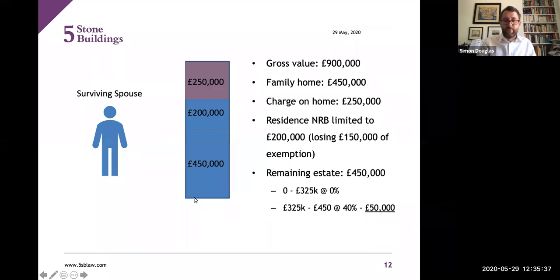So essentially promise to repay this sum of £250,000. You're effectively swapping a charge for an unsecured debt. You're transferring the charge to a loan scheme.